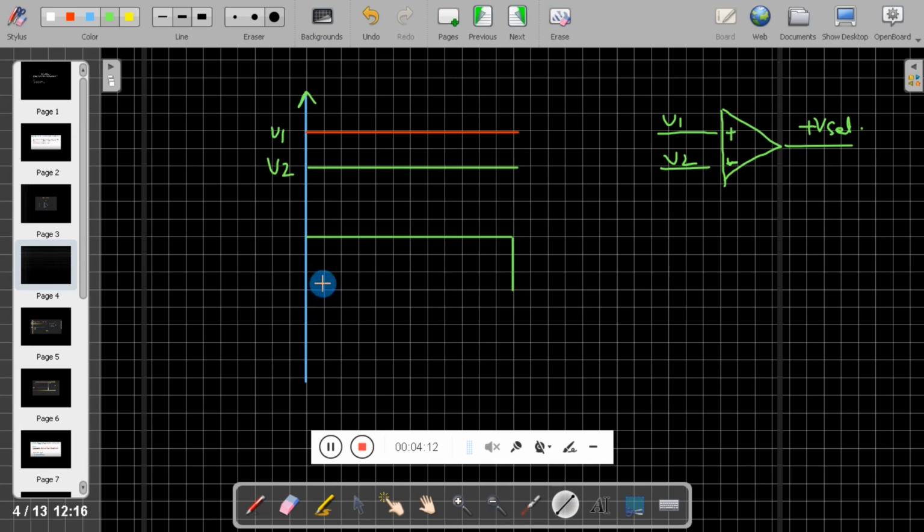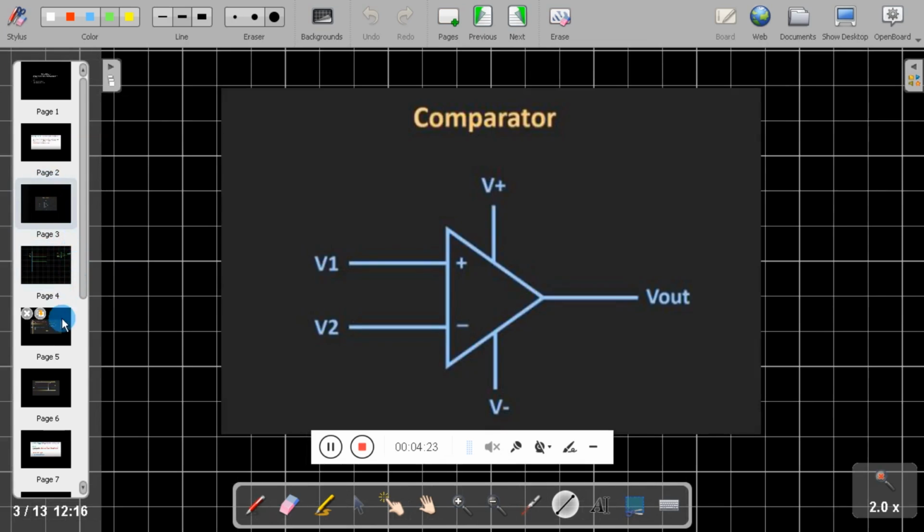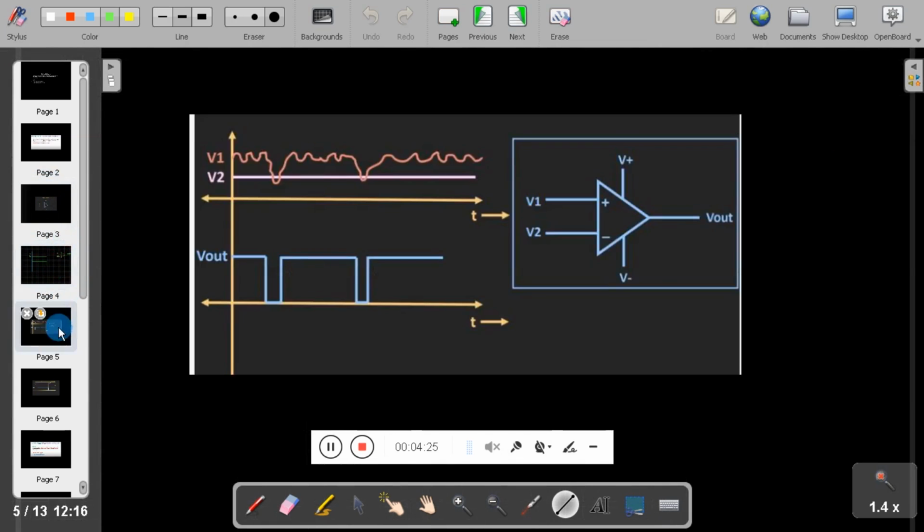Now, suppose V1 is a noisy signal. If you consider V1 contains noise, then you can see that because of the noise in the signal V1, at two instants V1 goes below V2, and the output of the comparator changes.